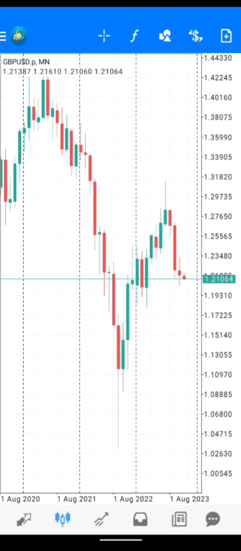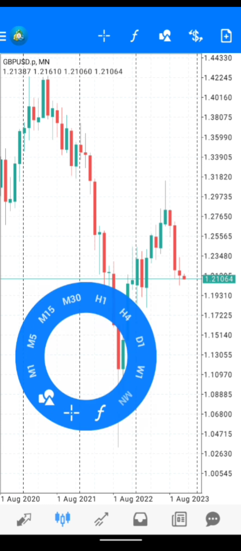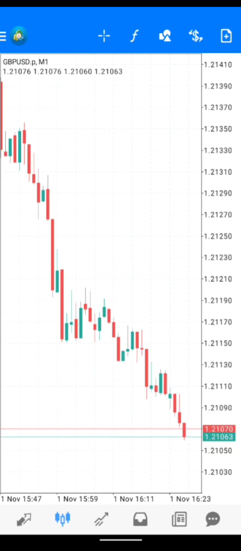So MT4 is restricted to M1, M5, M15, M30, H1 1 hour, H4 4 hour, D1 daily, W1 weekly, and then MN monthly. So going back to the MN time frame. So that is all about time frames.